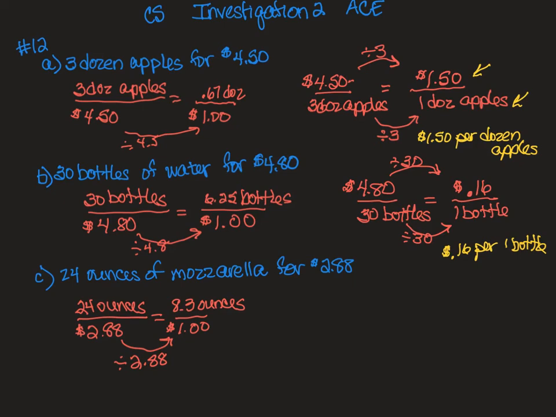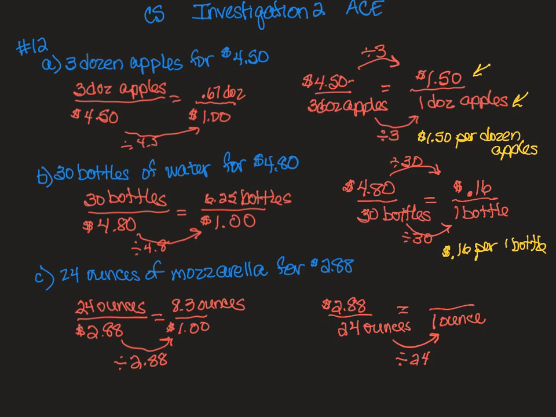Well, maybe I want the other. I want to find out how much money it's going to cost for 1 ounce of mozzarella. What is the unit rate per ounce? So I'm going to do the money over the ounces, because the bottom one is the one we want to get to 1. So what is 1 ounce? So I would be dividing this by 24, because I'm going from 24 to 1, and 24 divided by 24 is 1.